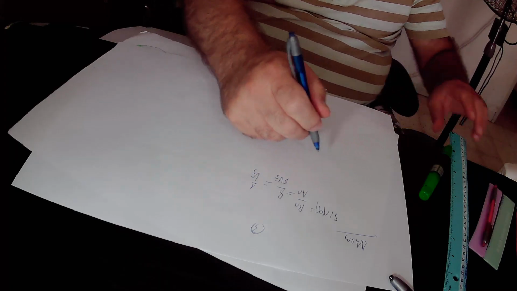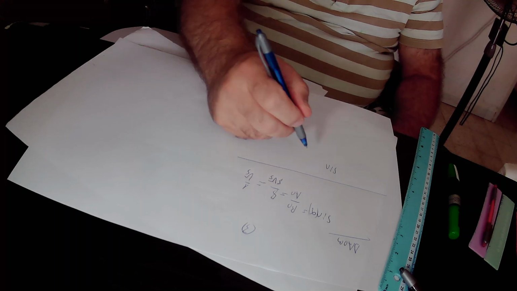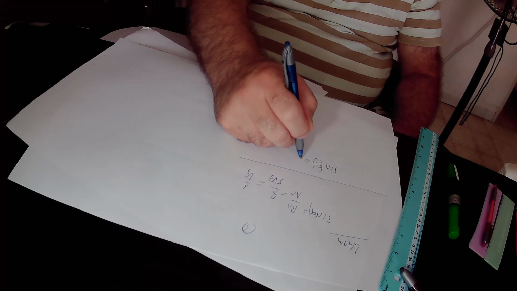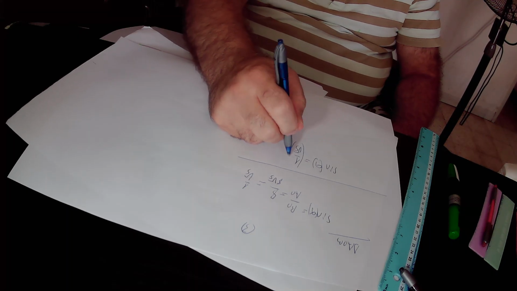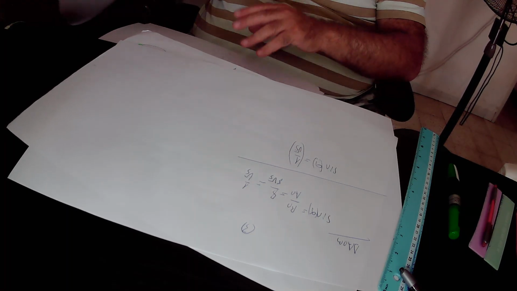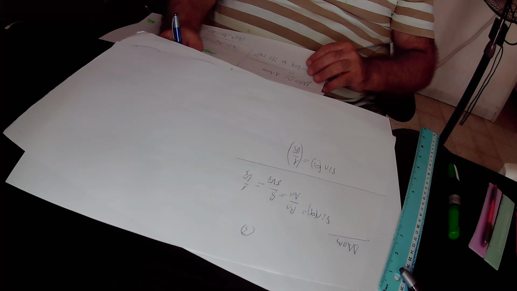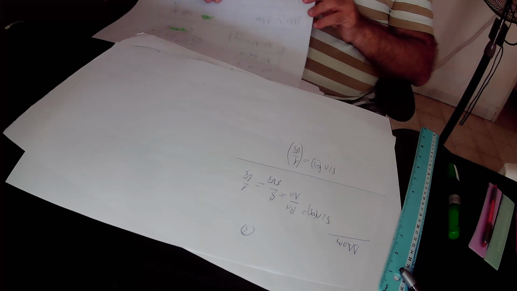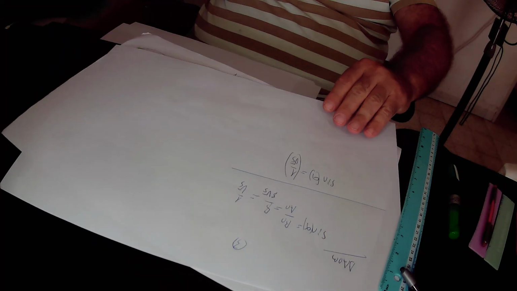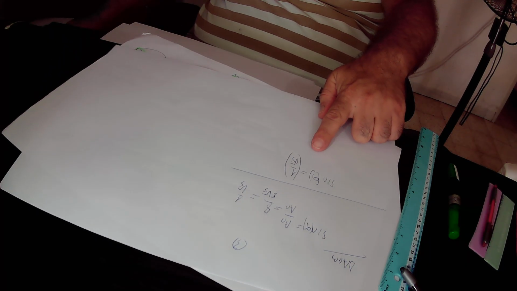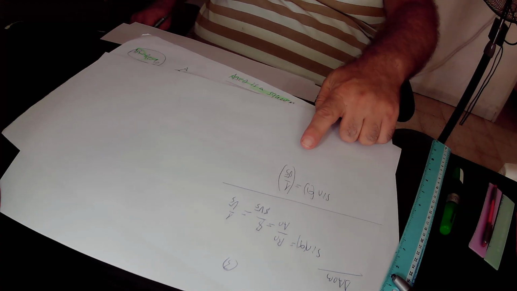So in right triangle AOB, sine alpha equals 1 over square root of 5. Sine alpha equals 1 over square root of 5.